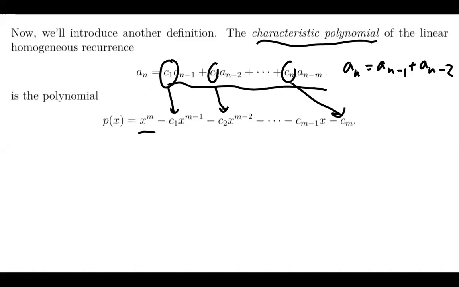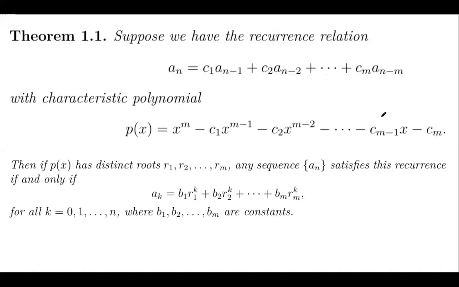So what can we do with this characteristic polynomial? Well, now we have this theorem that says that if we have this characteristic polynomial, and p of x has roots that are distinct, then the sequence a_n would also equal b1 times one of the roots to the kth power plus b2 times another one of the roots to the kth power, and then so on for all of the roots.